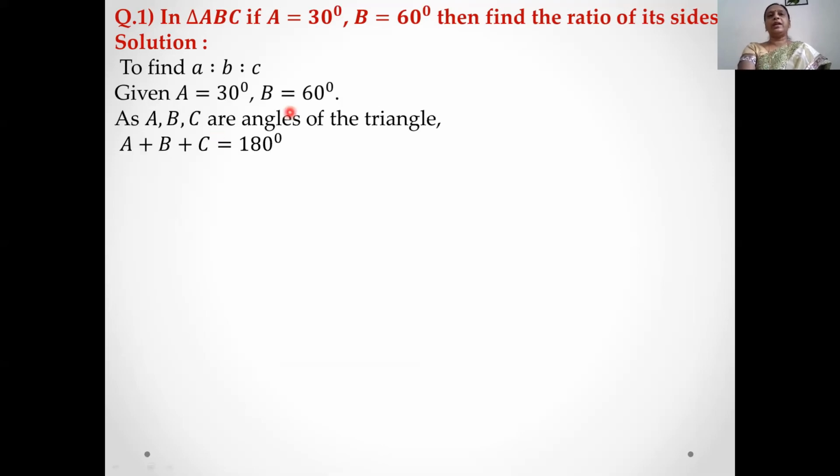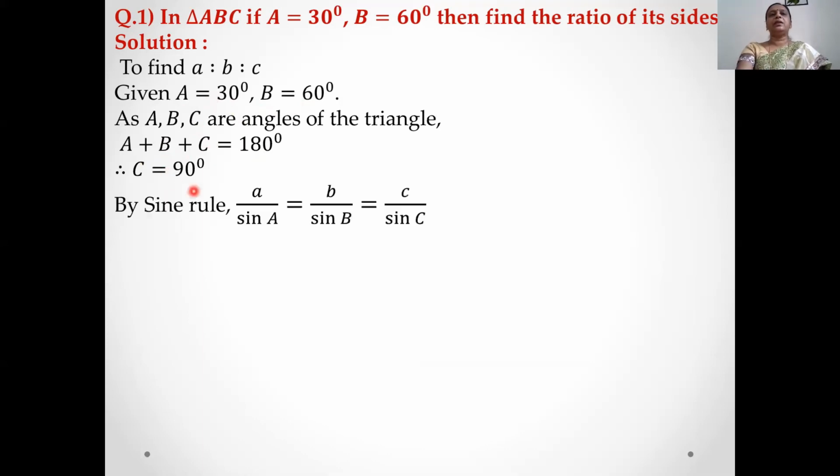And we know that in any triangle, the sum of all three angles is 180 degrees. You write down A + B + C = 180 degrees. Then keep the values of A = 30 degrees, B = 60 degrees in this equation, and after simplifying you will get C = 90 degrees.